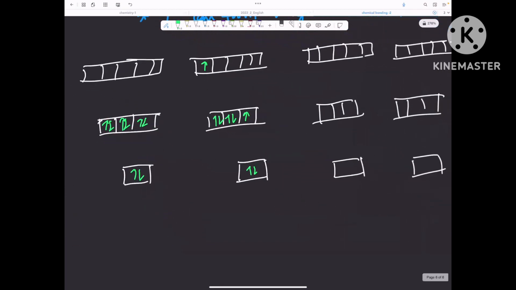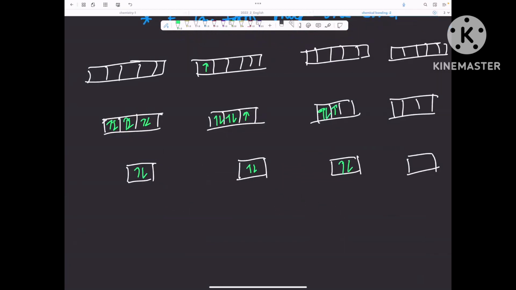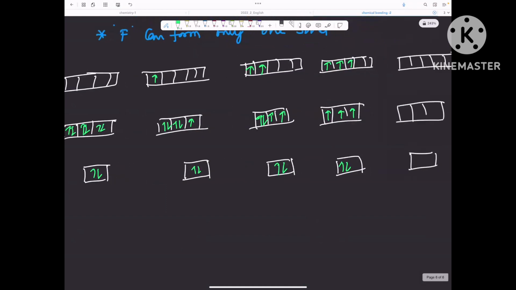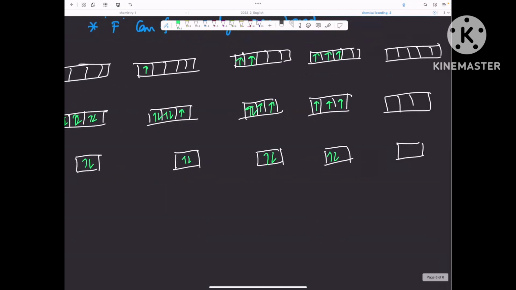Now one more electron into nd, and next one more p electron. Therefore, we have 3, and now we are exciting to get 4 electrons.